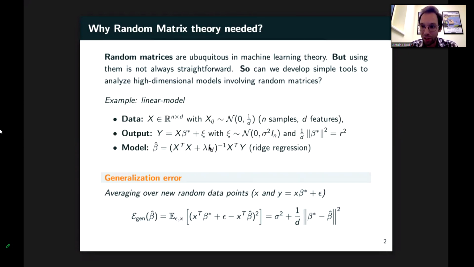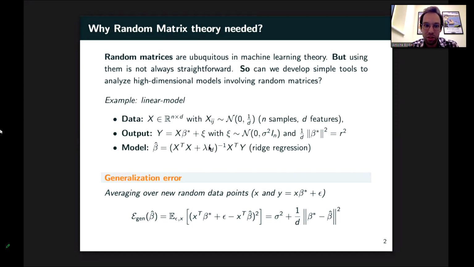For instance, we've seen that we can understand them through the eyes of replica methods or other statistical physics methods, but I'd like to show you another way to deal with them. As an example, let's take the linear model, a very simple toy model that will illustrate what I intend to show you.